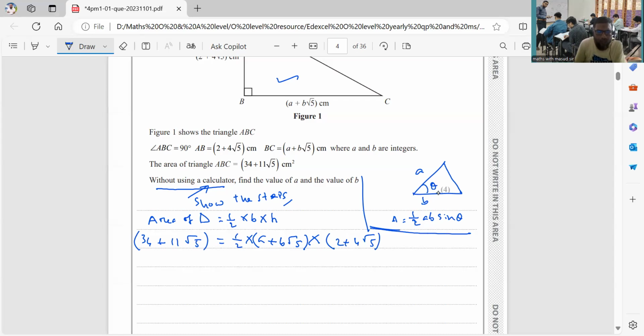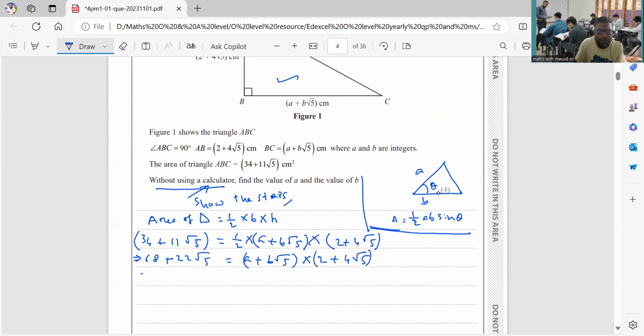Now if you do the cross multiplication, these two multiplied with this one, how much will it be? 34 multiplied by 2 is 68. 11 root 5 multiplied by 2 is 22 root 5. And on the left side we have a plus b root 5 multiplied by 2 plus 4 root 5.